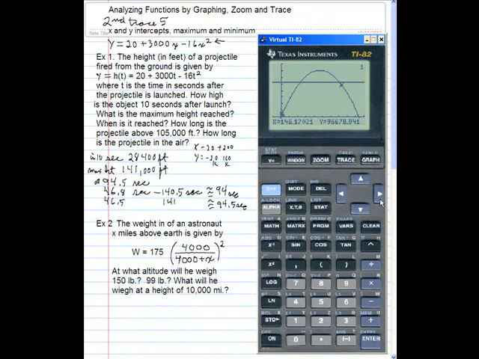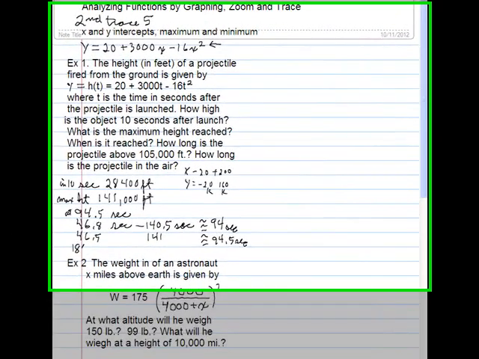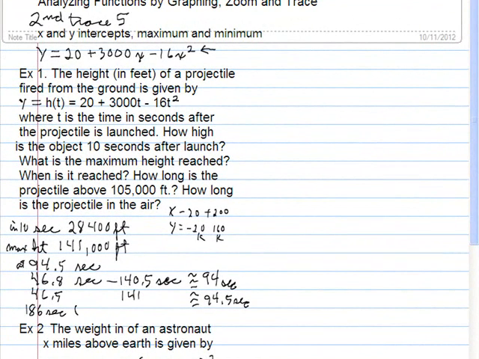How long until it hits the ground? And we'll just do a rough one again. Boom, that's pretty close to the ground, and that's about 186 seconds. 186 seconds, time of flight. Didn't spell flight very well.